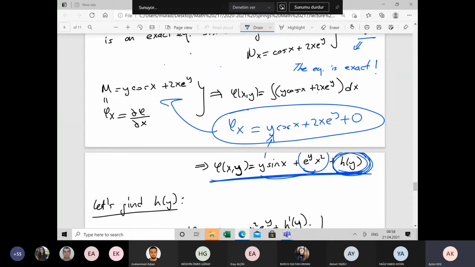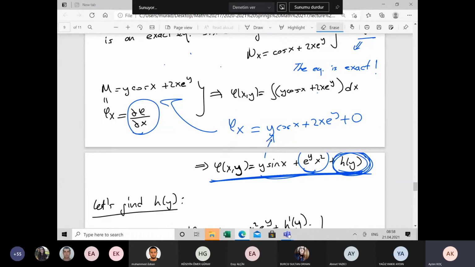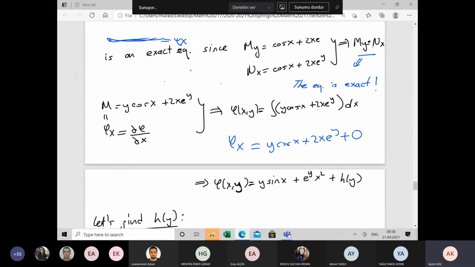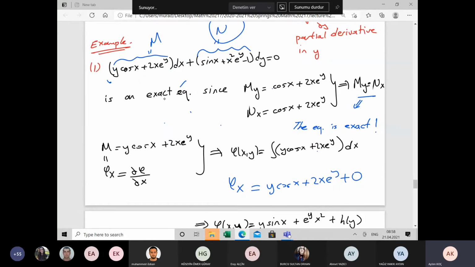Be careful, because we have the partial derivative, so we take the derivative with respect to x and consider y as a constant. Our aim is to solve this differential equation, meaning find the general solution.